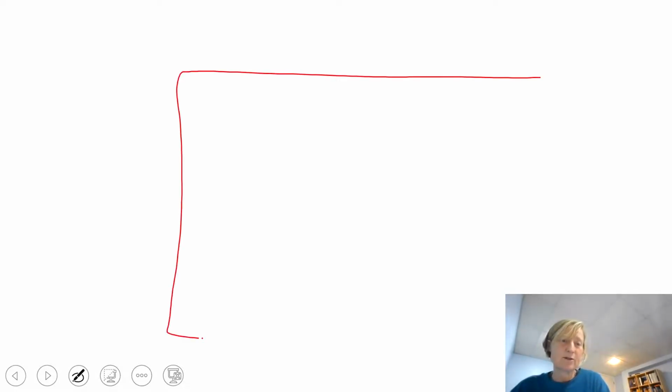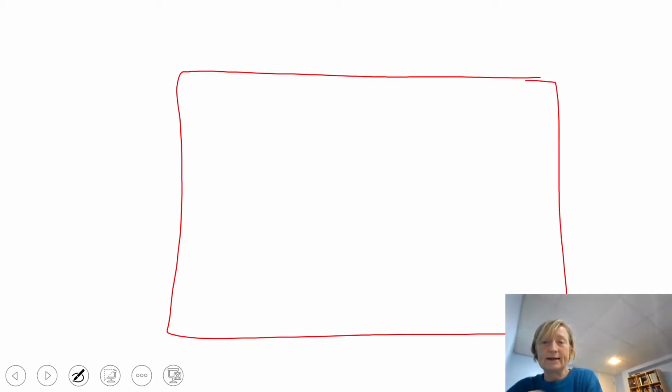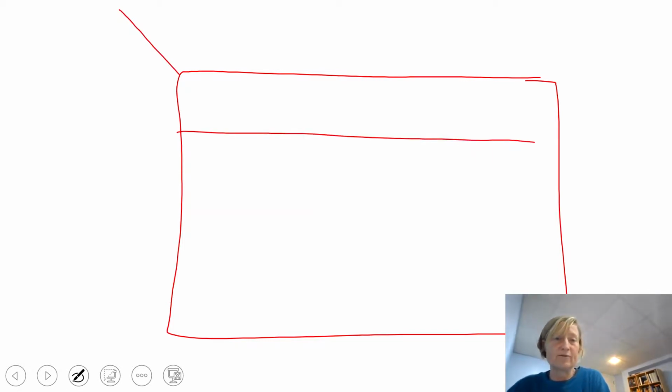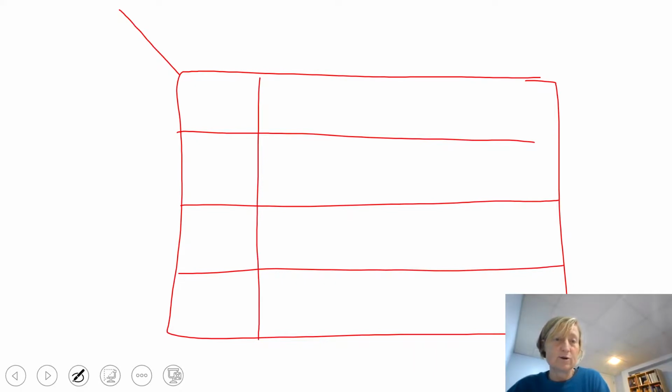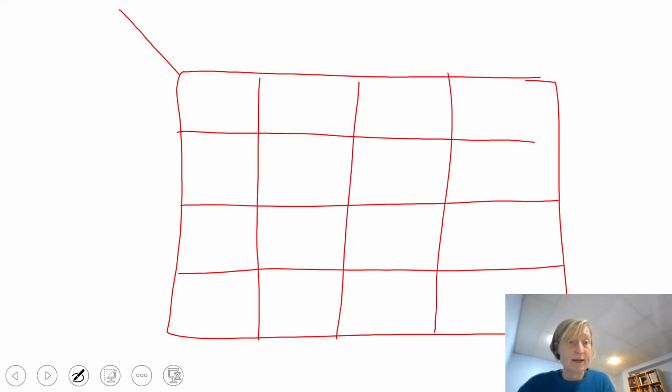So I'm going to make a giant Punnett square here. It's big, so that's why I'm trying to use as much of the board as I can. It's going to have 4 boxes on each side, because there are 4 different types of gametes that each parent can make, right?